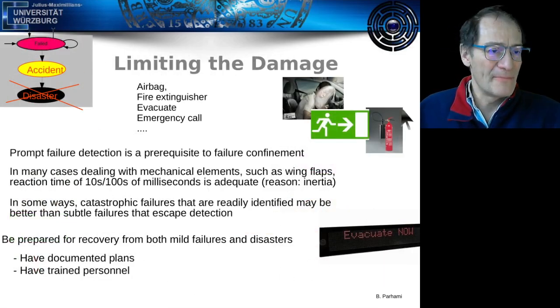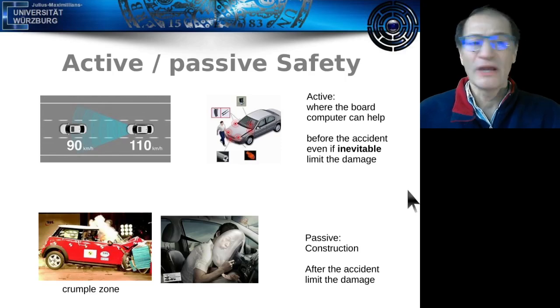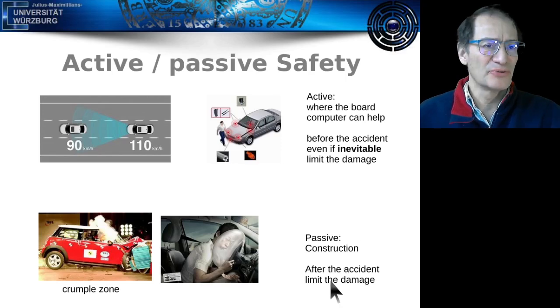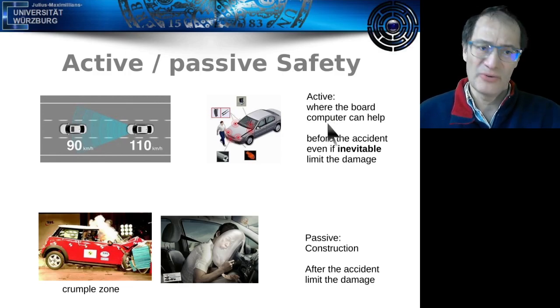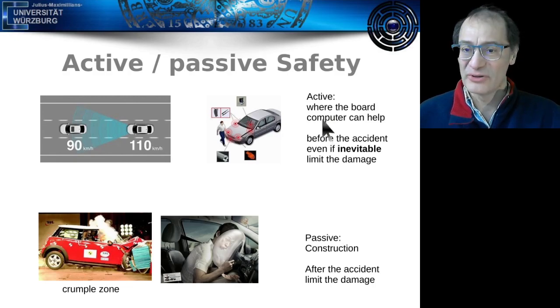Okay, we have active and passive measurements, what we can do to avoid the disaster. The active measurements are where the board computer can help. So program and control systems, and this is before the accident occurs.